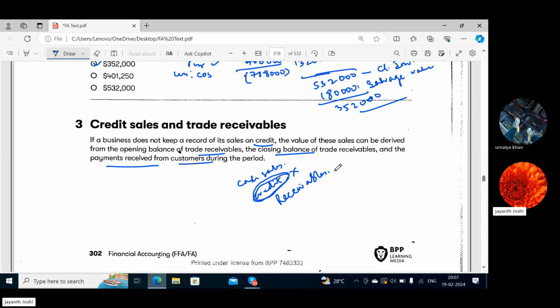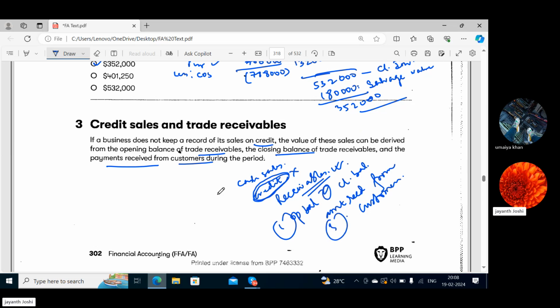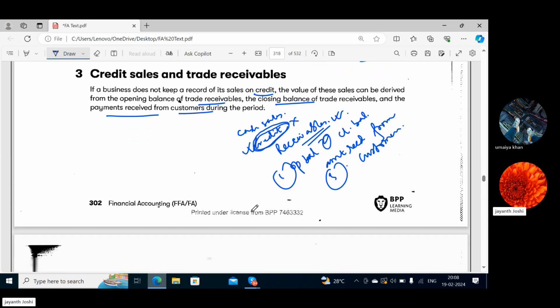We should know the opening balance of receivables, the closing balance of receivables, and the payments received from customers. With these three pieces of information, we can find the amount of credit sales. We'll solve it in a sum.